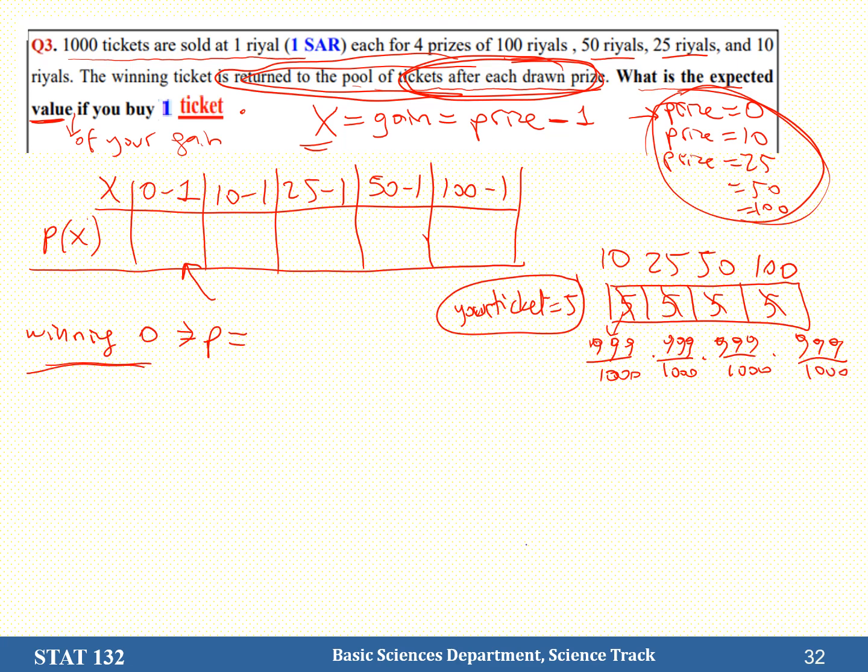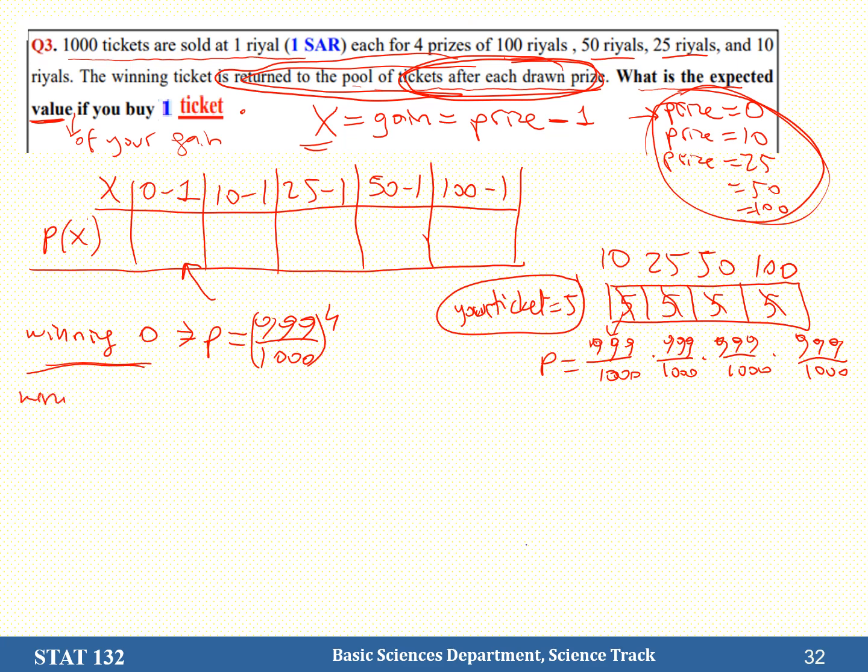So the probability of getting 0, meaning your ticket is 5 and you get no 5 in all drawings, will be 999 over 1000 to the fourth power.